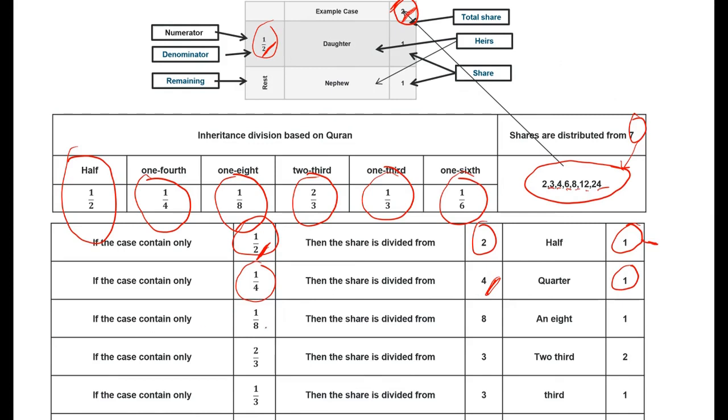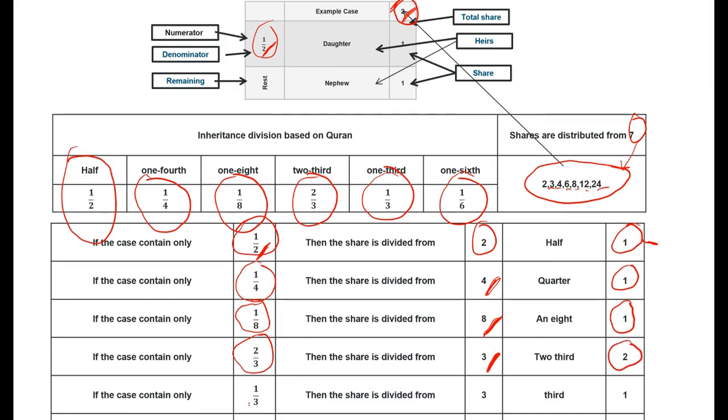If the case contains 1/8, the asl al-mas'ala, or the total share of each case, will be from 8. And 1/8 is 1. If the case contains 2/3, the total share will be from 3. And 2/3 over 3 is 2.